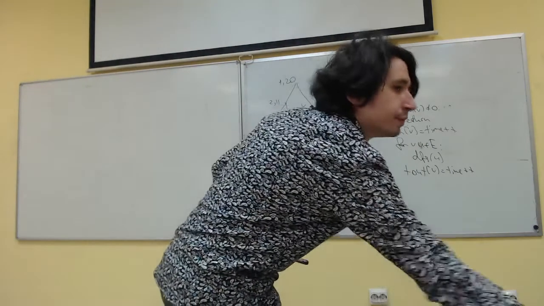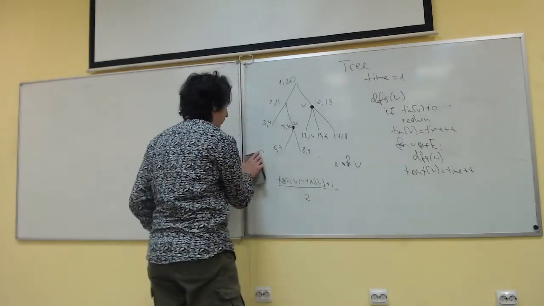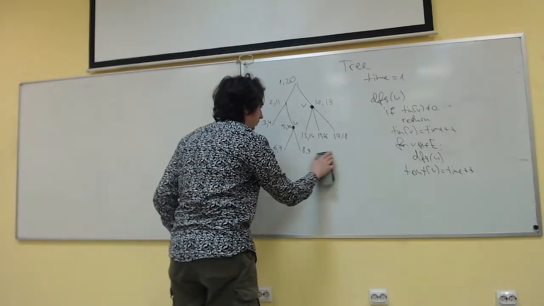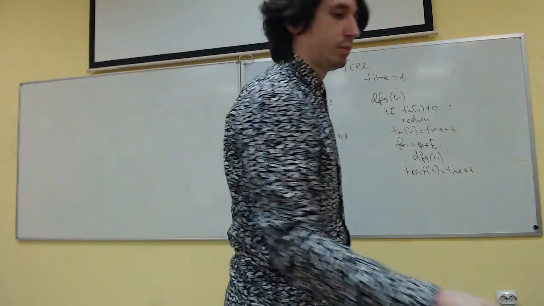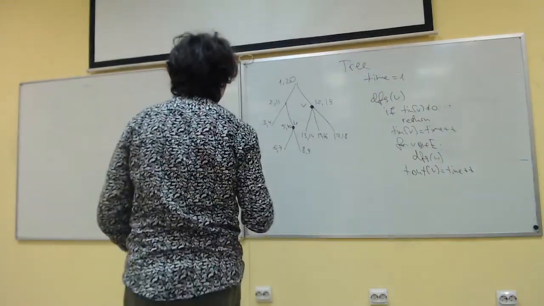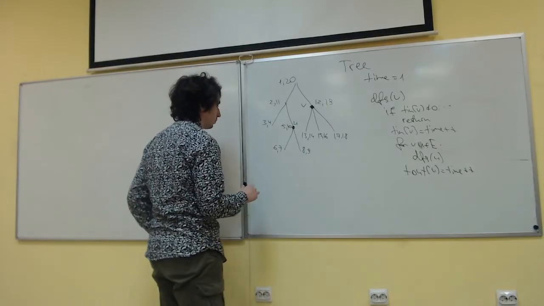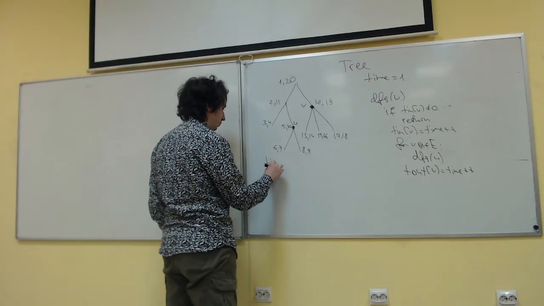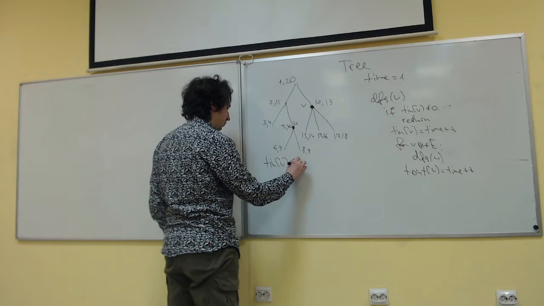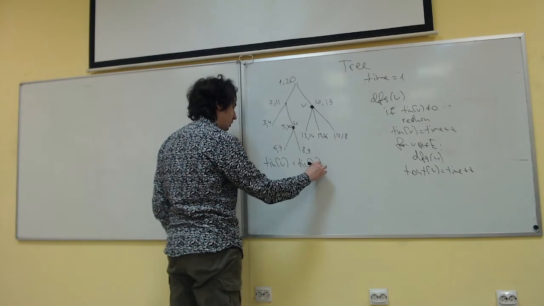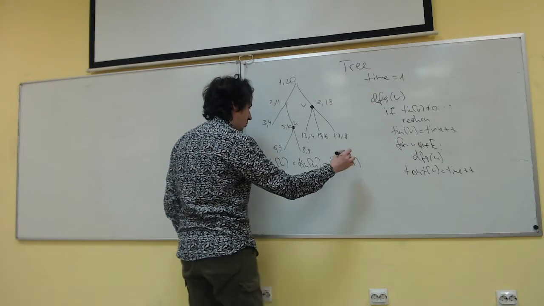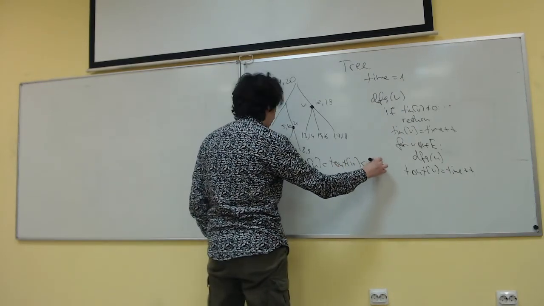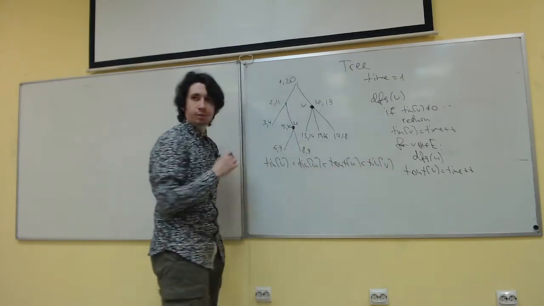Well, if the interval between in and out of one of them is inside the other one's interval between in and out, then one is the parent of the other. Exactly. So in this case, if one interval lies in another, then they are ancestor and descendant.